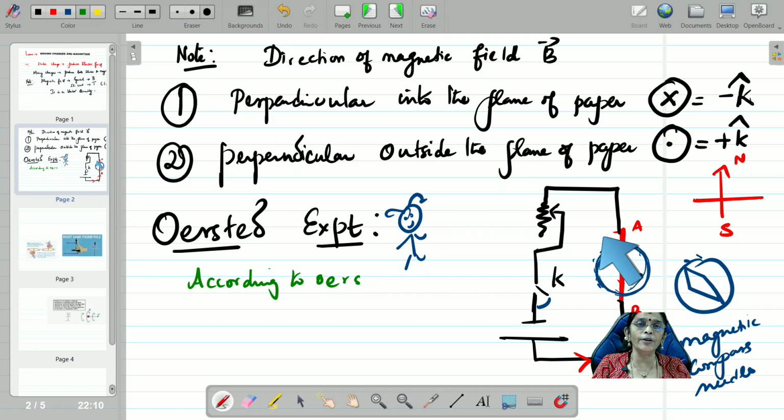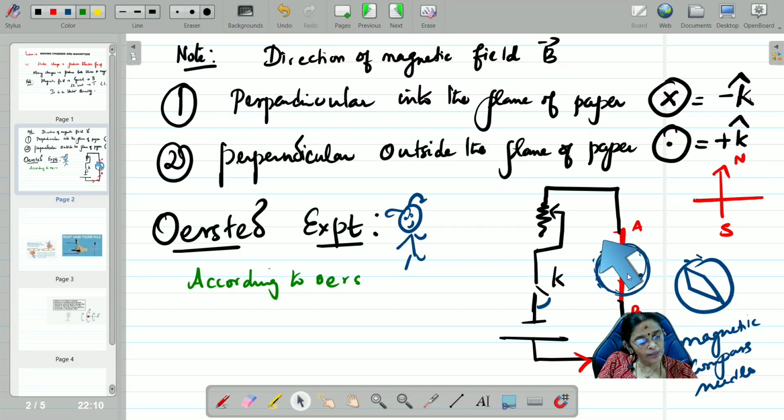What does the compass needle do? When he pressed the key, the compass needle was found to be deflecting. Now what did he do? He disconnected and swapped the polarities of the battery. When you swap the polarities of the battery, what happens?